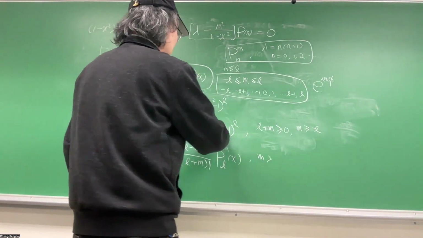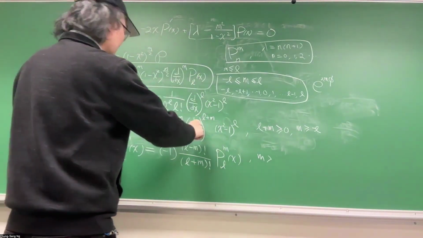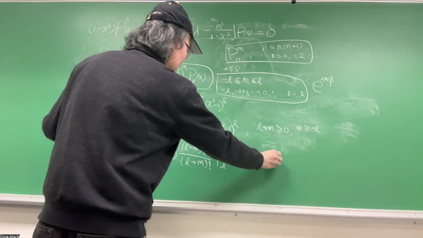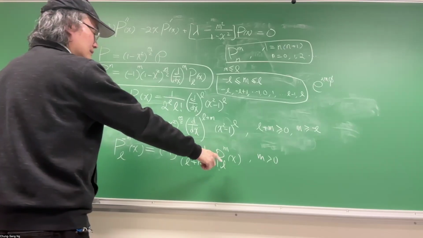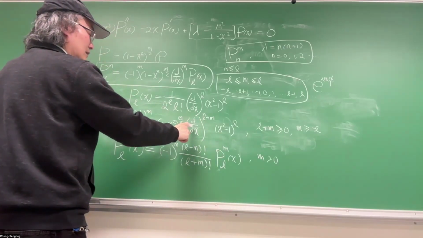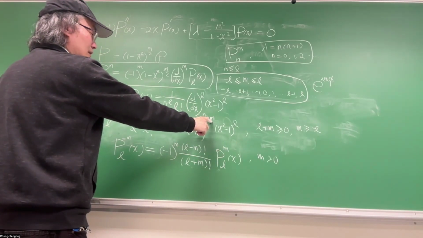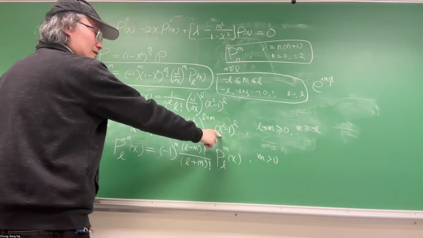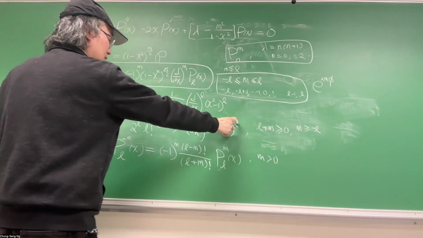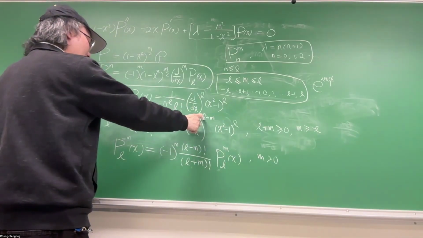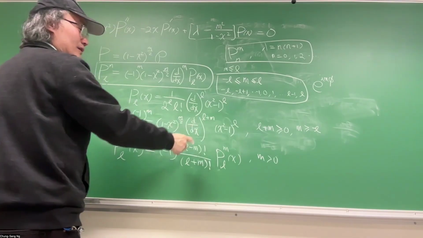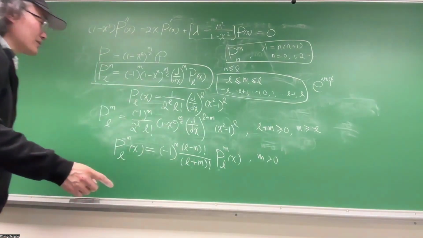Anyway, if you assume for this definition that M is greater than 0, then this factor will be taking the L plus m derivative of (x^2 - 1)^L, which is taking more derivatives than just L, assuming M is not 0.